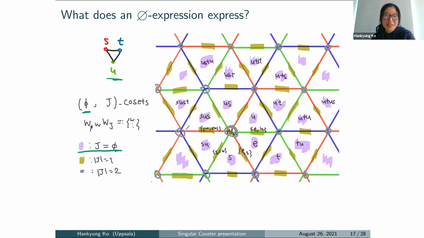So J here is a singleton, and I use the color of U to draw this, and where two one-dimensional things intersect is where you union the J's.